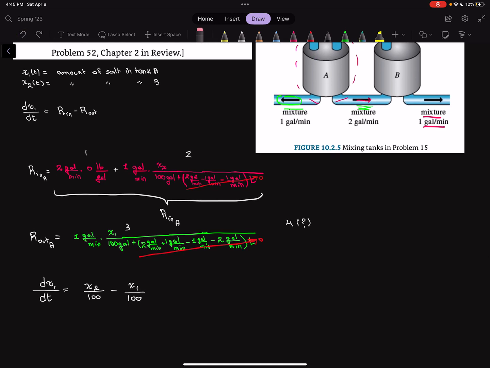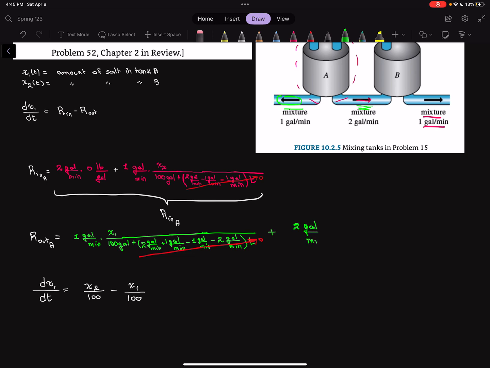So here we're gonna have, let me erase these numbers, here we're gonna have a minus, well, it's actually gonna be a plus. You might ask why, because this is rate out. So we're implying that it is going out. So we leave it as positive because then we subtract it. Otherwise we'd have to add it. And then we're gonna have 2 gallons per minute multiplied by what?